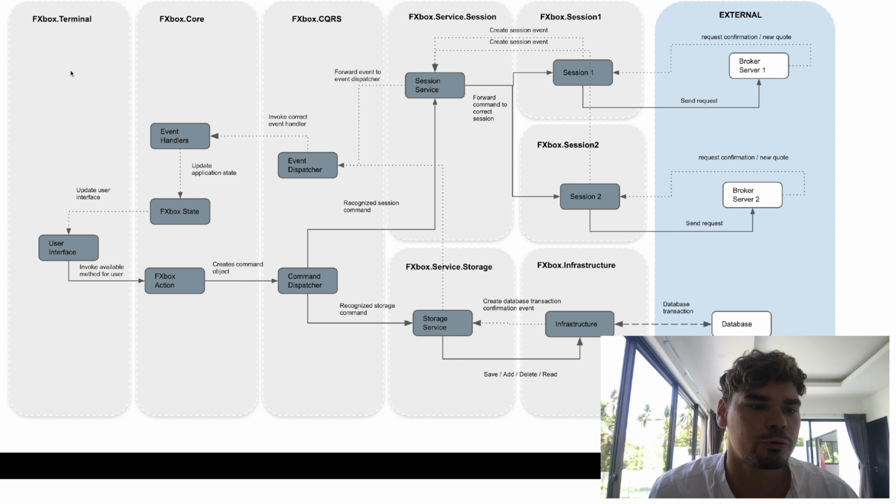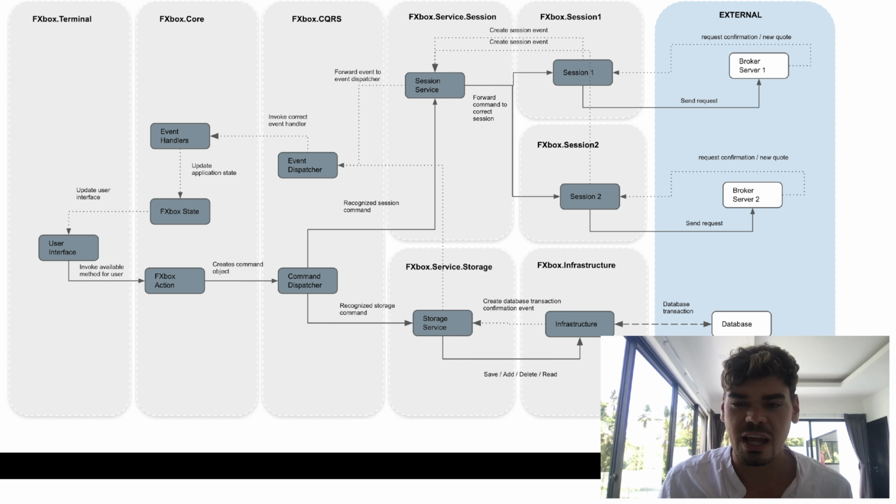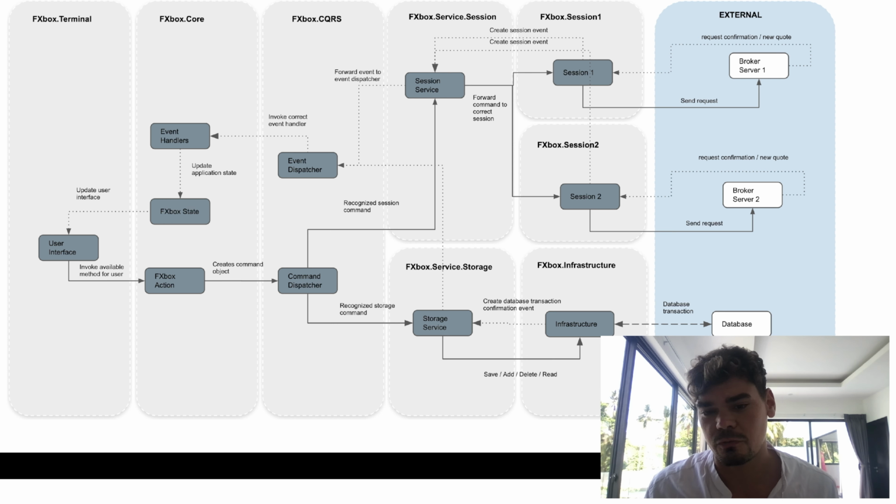On the top, you can see the projects, the libraries that I split the FXbox solution into. Here we can see the terminal, FXbox core, CQRS, session 1, session 2, and on the right side in blue, you have everything that happens in the exchange server, broker server. Just to give you a small example, let's say we receive a new quote from the server.